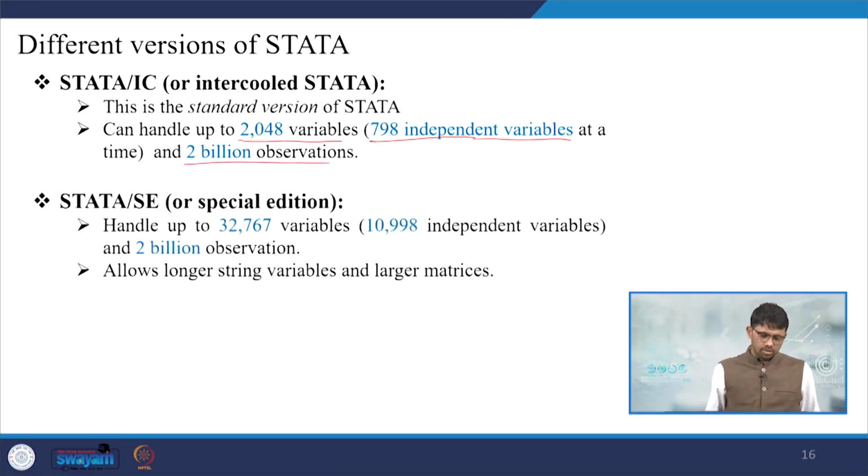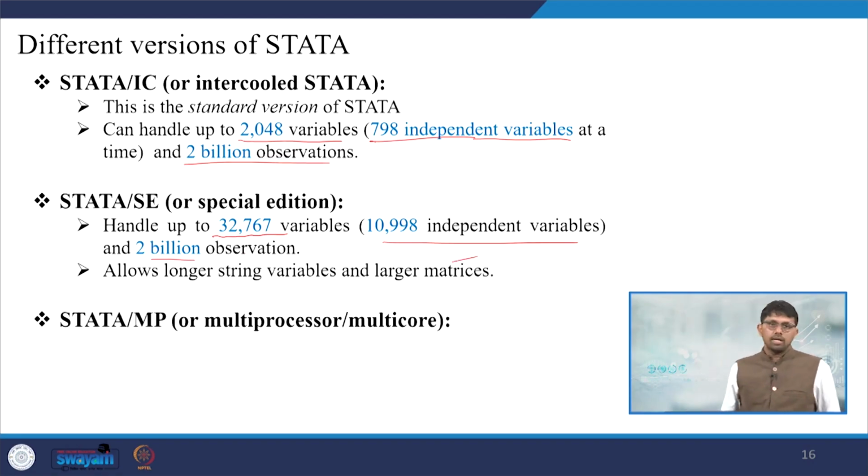Whereas the special edition version can handle 32,767 variables, 10,000 independent variables, and 2 billion observations. This allows longer string variables and larger matrices as well. Stata MP version is also called the multi-processor or multi-core version.